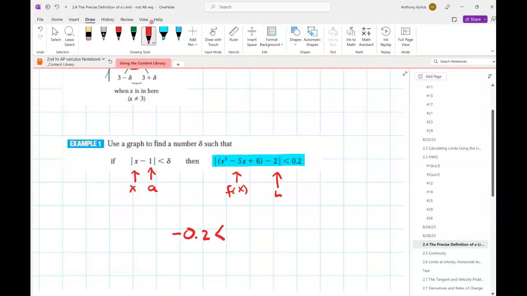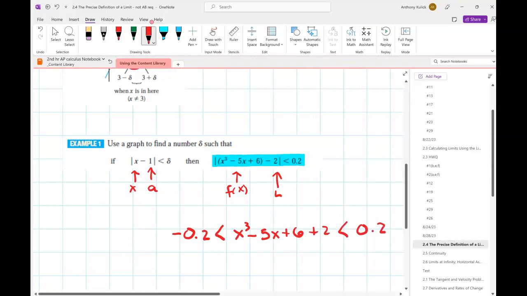So you can write it like this, right? If the absolute value of something is less than 0.2, that means that without the absolute value, it had to be between negative 0.2 and positive 0.2. Right? Everybody's good with that? That's like your basic old algebra.